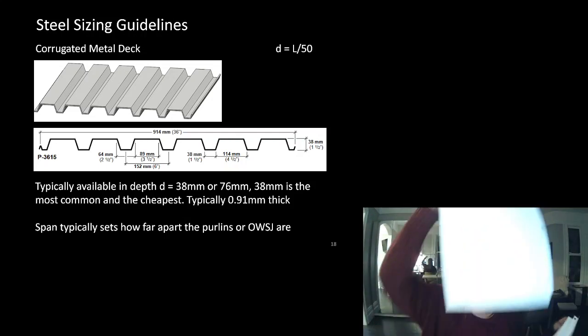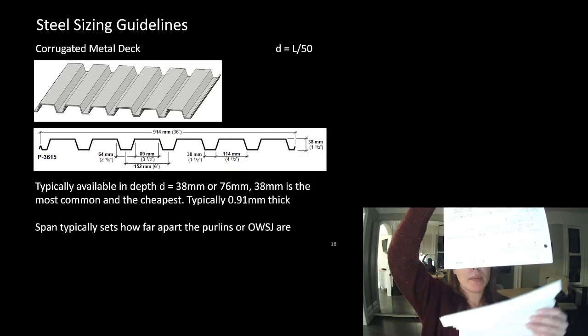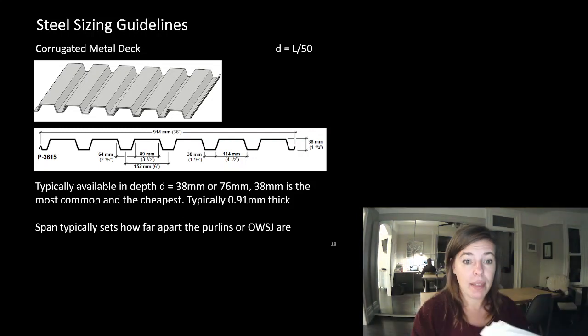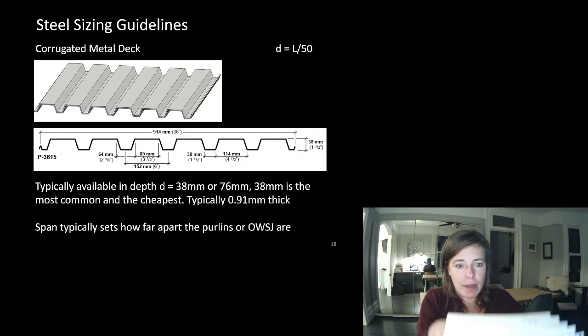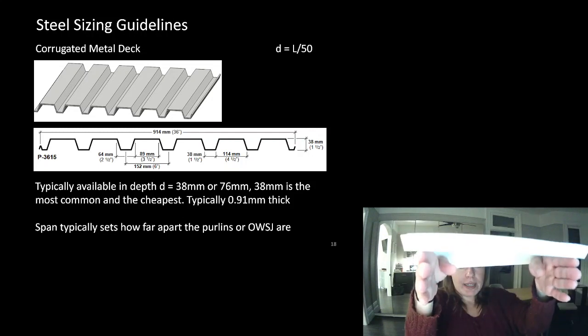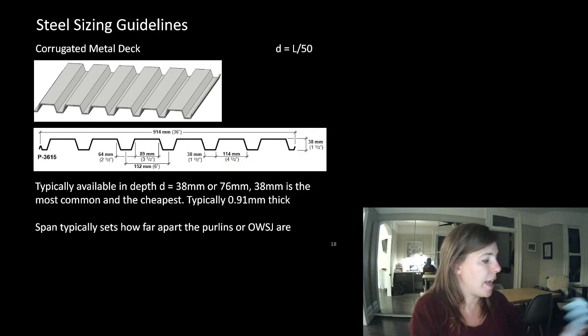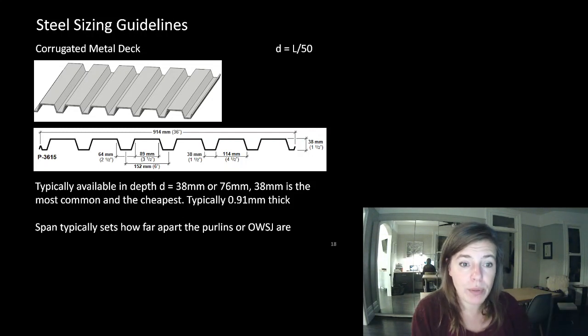If I fold my paper so it's spanning the same distance, the length of the span is the same. If I corrugate it and it doesn't blow off my hands, look at that. It's spanning the same distance just because I've corrugated it, and it doesn't flop down through my hands.